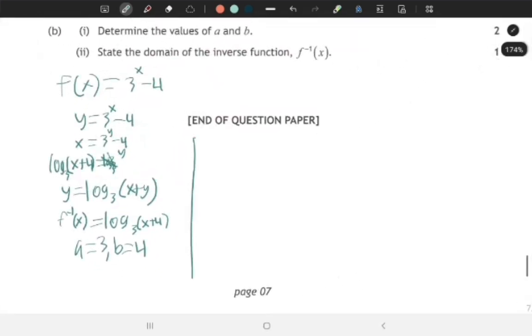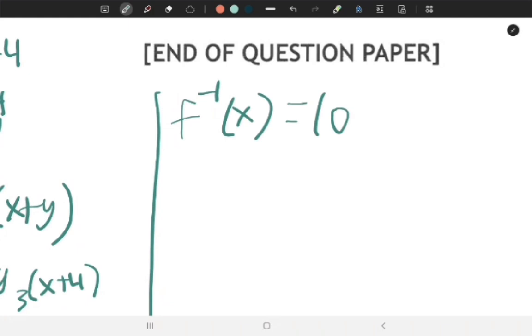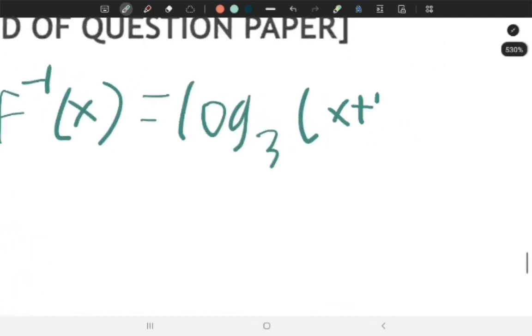And for the next part, state the domain of the inverse function. So we use the same one. The inverse function of x is equal to logarithm 3 of x plus 4.